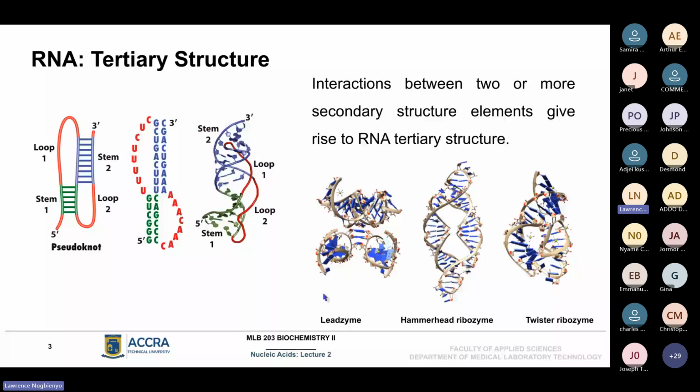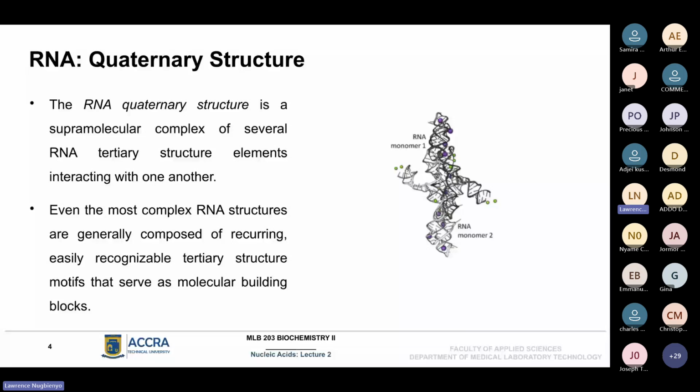Then, of course, you can even have quaternary structure. I mentioned to you that, yes, at a higher level of organization, you can have even a quaternary structure of DNA.